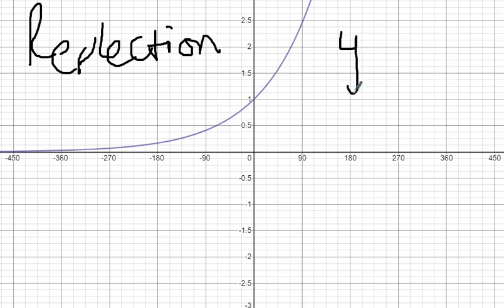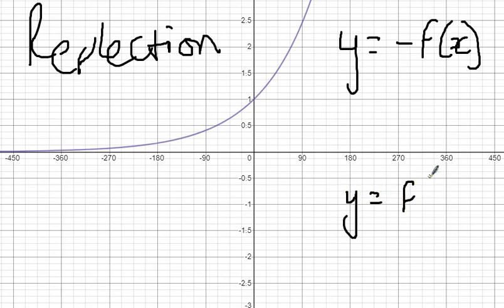We can again either do y equals minus the function of x. We can have the negative sign after we've worked out the value, just shove a minus on right at the end, or we can have y equals the function of minus x.